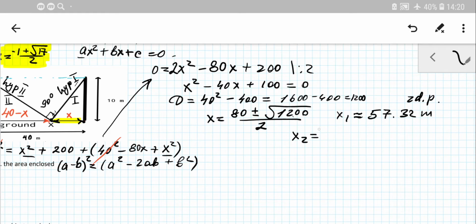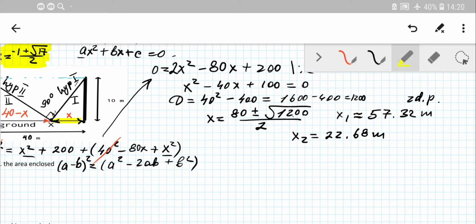So with minus, I also have the possibility to get a solution. So the second one is 22.68 if I round to 2 decimal places.